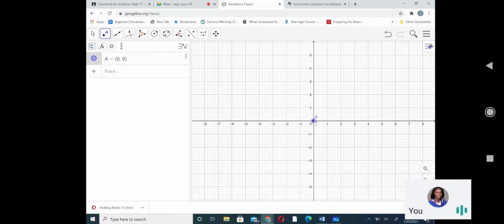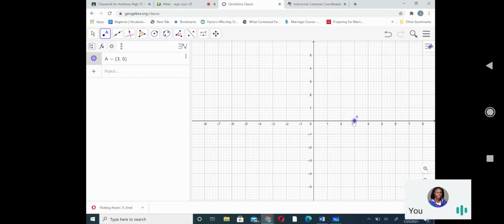All right, there we go. So the key is you have to put the point out somewhere outside of the origin first, and then you can drag it to where you want it to be. So starting at the origin, we'll go 3 places to the right.